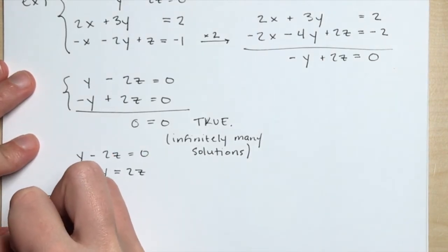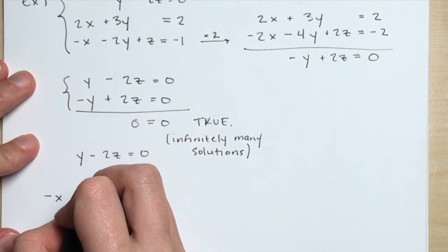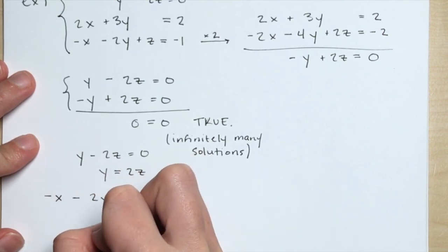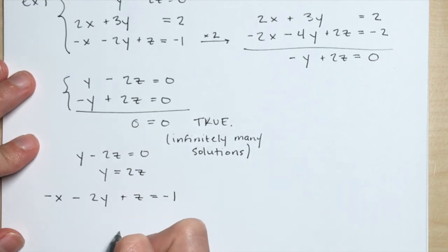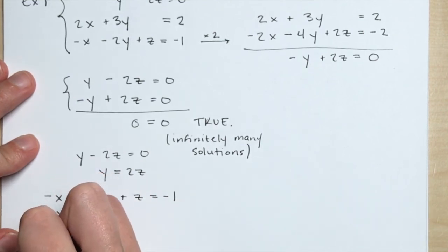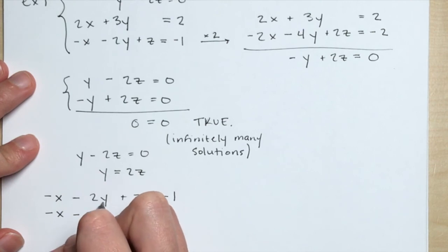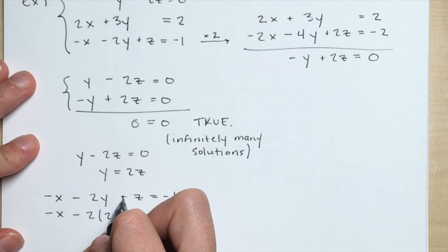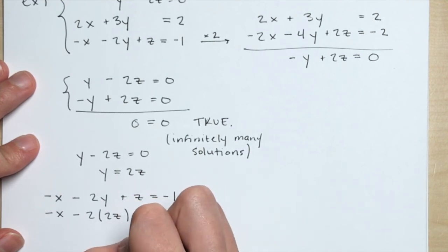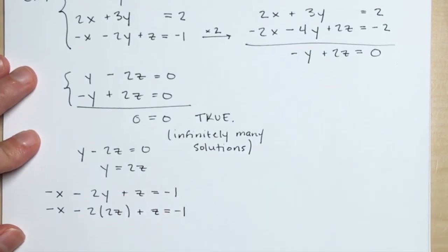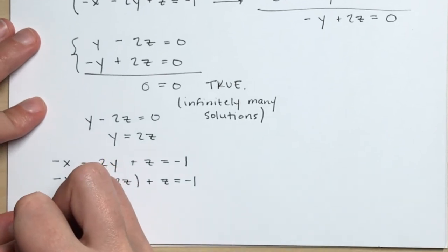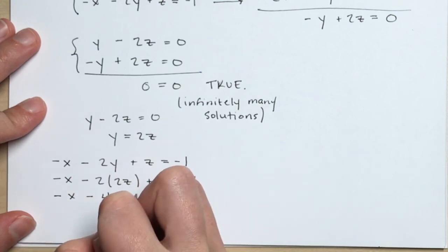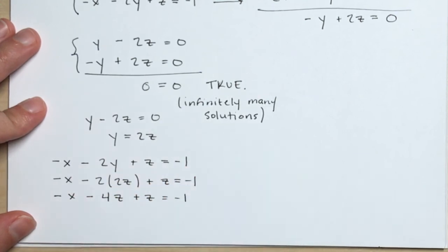We have negative x minus 2y plus z equals negative 1. We don't know what x is, but we do know that y in terms of z is just 2z, plus we know that z is itself, and all of that equals negative 1. So we have negative x minus 4z plus z equals negative 1.